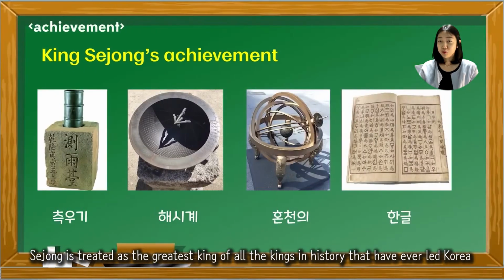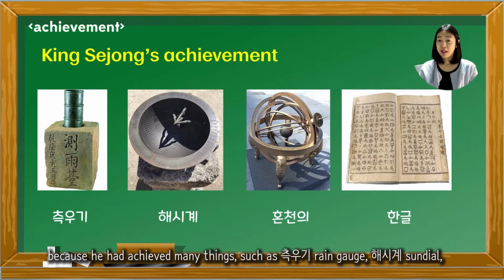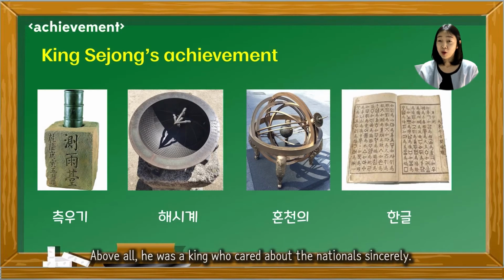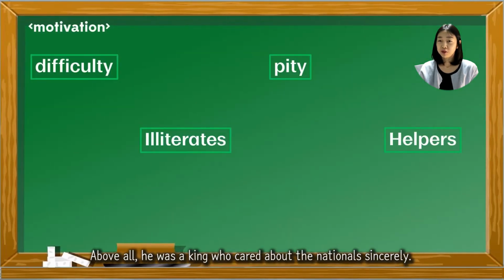Sejong is treated as the greatest king of all the kings in history that have ever led Korea because he had achieved many things, such as 치국이, rain gauge, 해시계, sundial, 혼천이, armillary sphere, Hangul, Korean letters, and other things. Above all, he was a king who cared about the nationals sincerely.